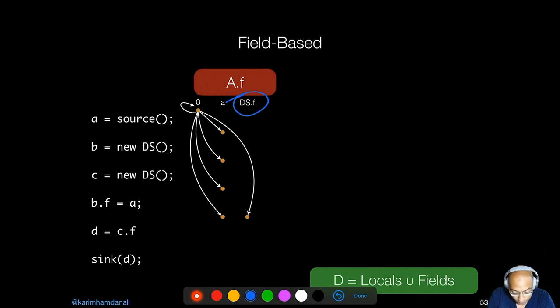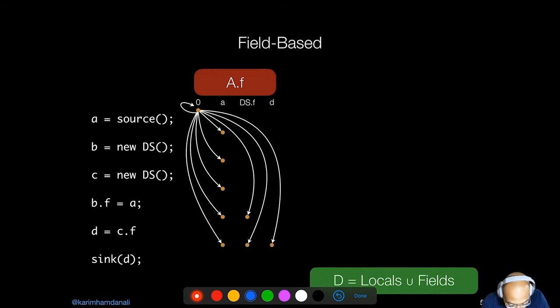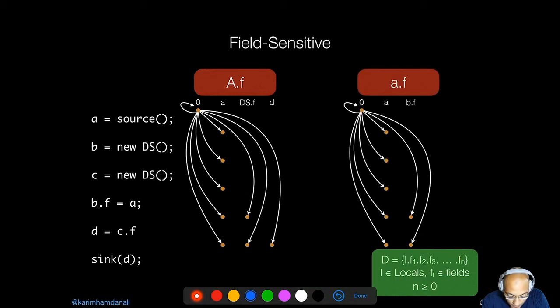So if b.f is tainted in our taint analysis, assuming this is a taint analysis problem, then c.f is also going to be tainted just because I don't differentiate between C and B as receivers or as locals used to access or dereference a field F. So in that case here, both D and C.F, which is ds.f in our analysis here, computation will be tainted.